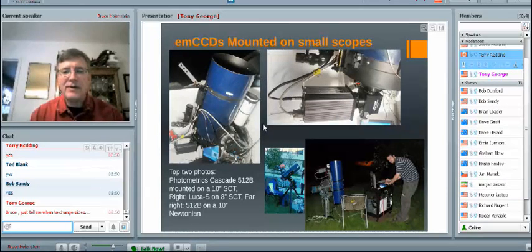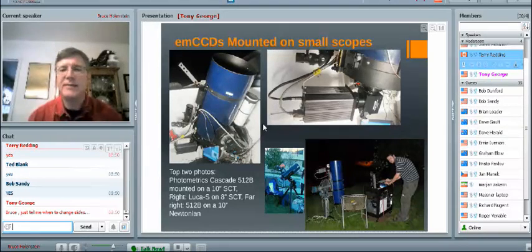The photo to the immediate right of the lettering on the slide is a Luca S on the back of an 8-inch SCT, and the one to the far right is the Photometrics 512B mounted on a 10-inch Newtonian.